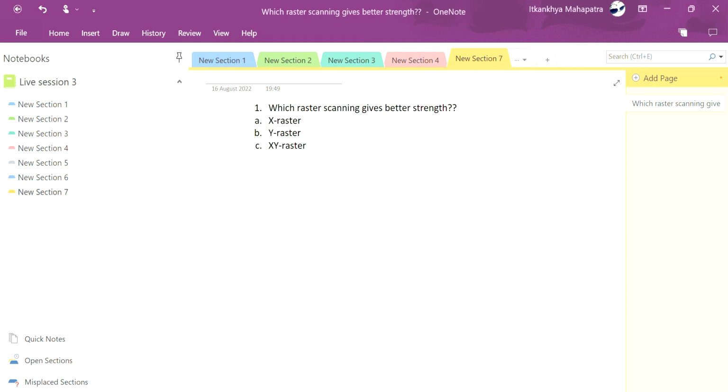Some other questions are based on software like Ultimaker Cura or whichever slicing software you use. Based on that, you have various questions in your assignment. One question will be: for a given STL file, the supporting overhang angle is the angle of inclination of the triangle normal from which direction?